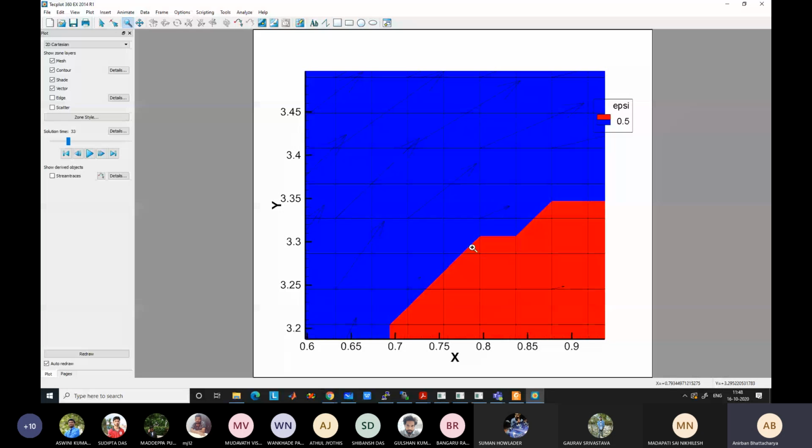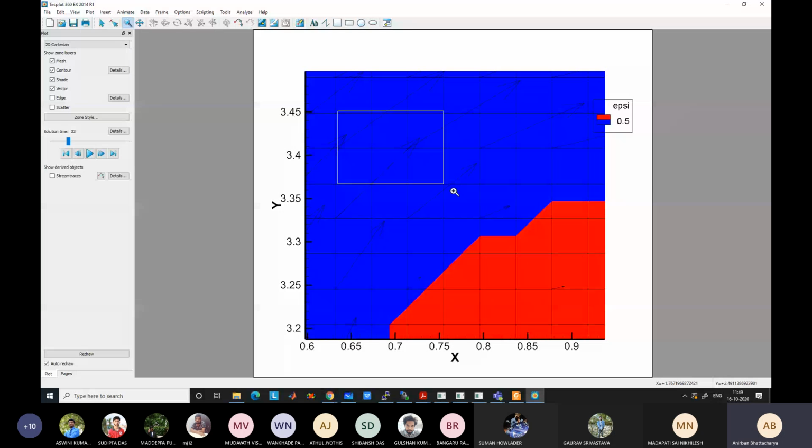And if you have more pixels, so if I divide this into 10 more pixels in each direction, meaning 10 more control volumes, obviously you will get a much smoother solution. This staircase type of effect will decrease significantly. You will get a more rounded solution. This is supposed to be a circle, so you are supposed to get a rounded solution. But because of coarser resolution, what is happening? You are not getting a circle. You are getting this type of solution.